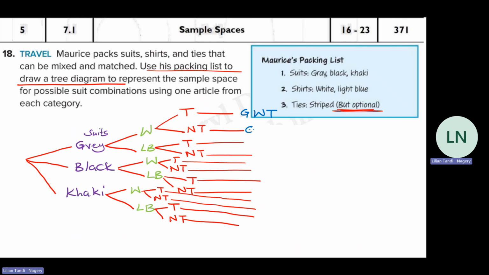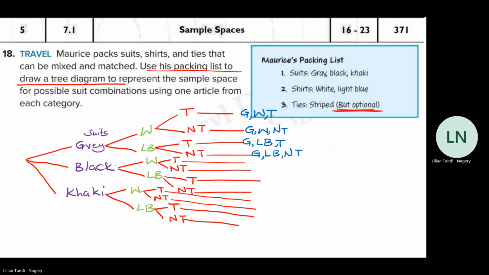Here you'll have a gray, a white, and a no tie. Here you'll have a gray, a light blue, and a tie, gray, light blue, and no tie. Okay? You can separate them with commas like that.